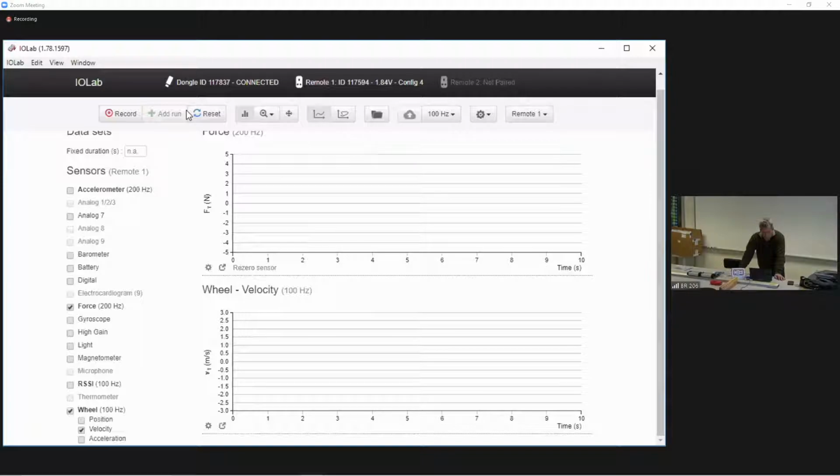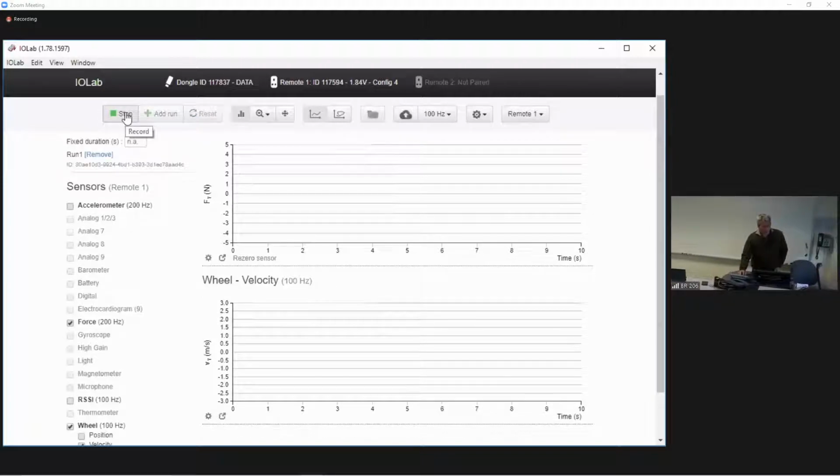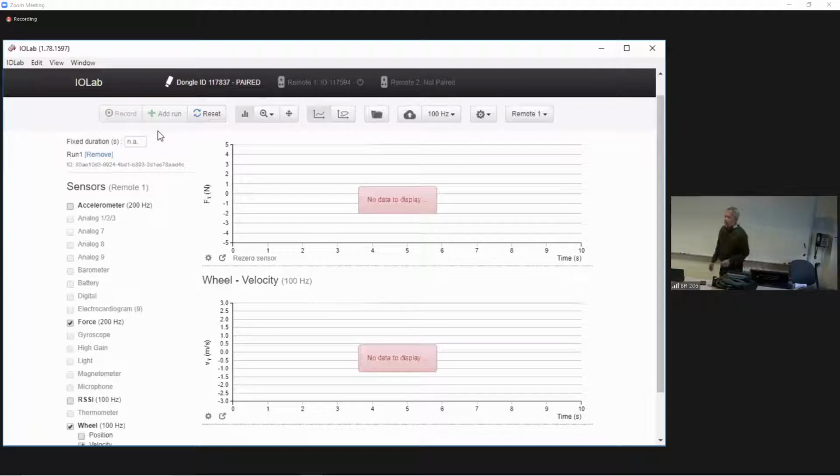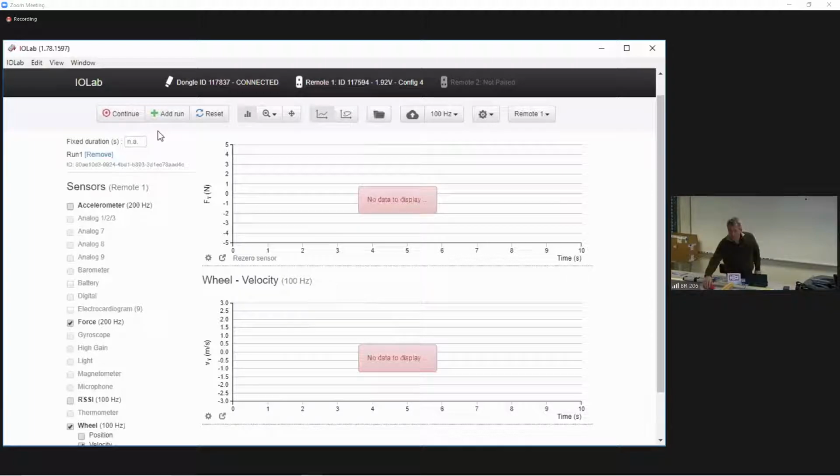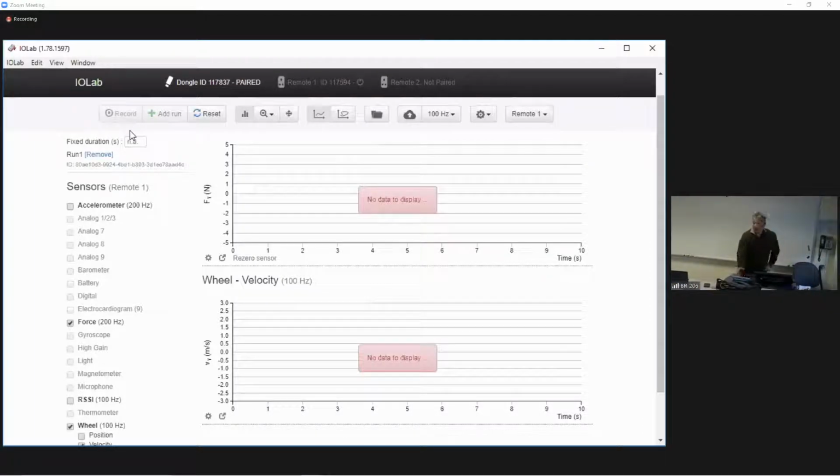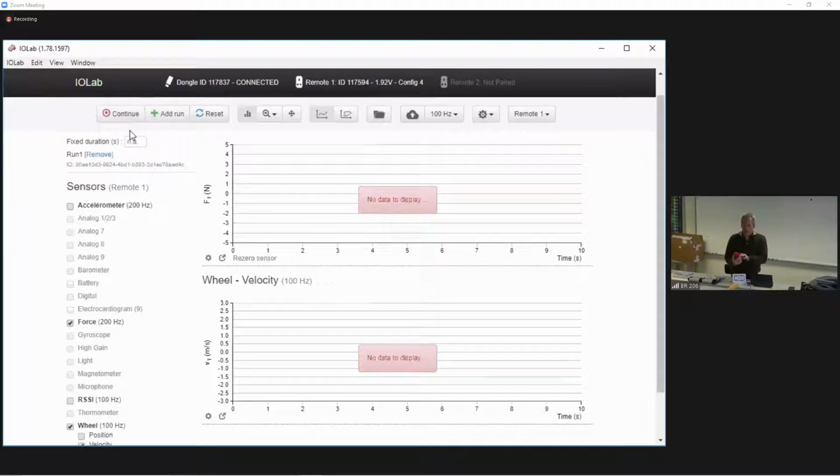Uh-oh. Oh, wait, I'm on the wrong computer. Take some data. To turn this back on. I hope my battery's not dead. Okay, oh no. Sometimes I get these weird Bluetooth interactions.